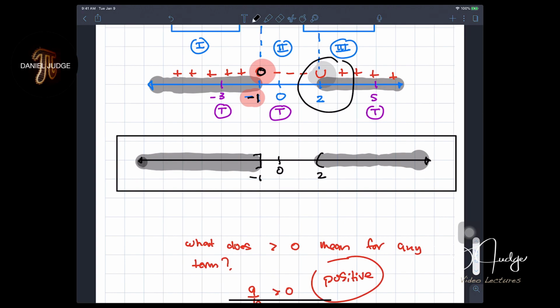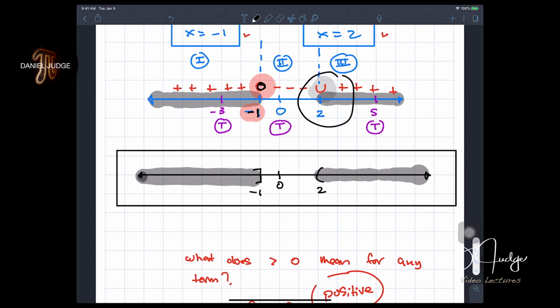Here's my question to you guys now. What about the 2? Do I put a square bracket around the 2, or do I leave it as a parentheses? So here's your option: square bracket or parentheses. What do you think you do? Thank you, Carmen.